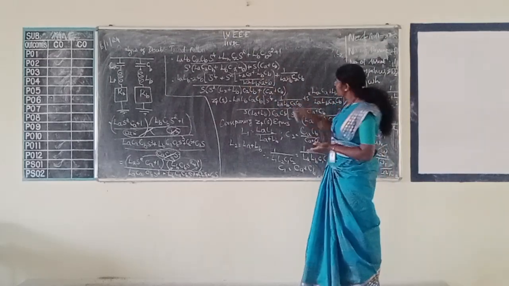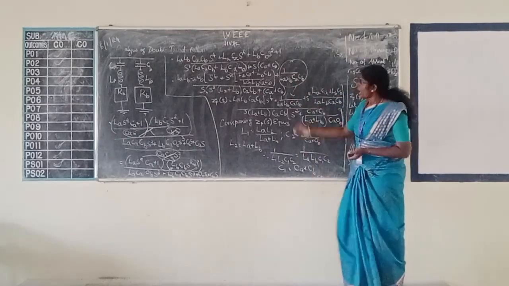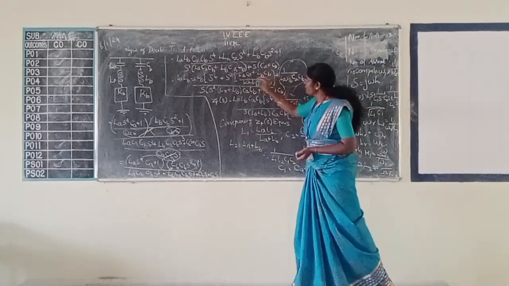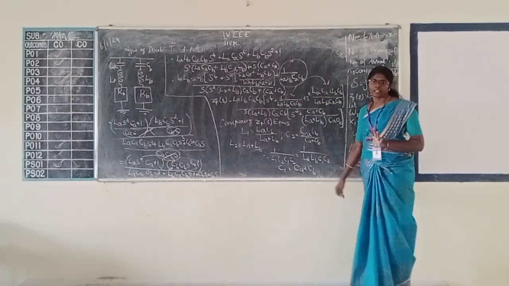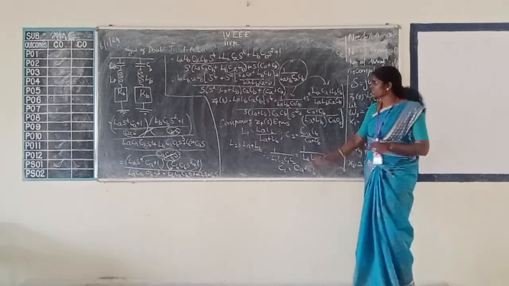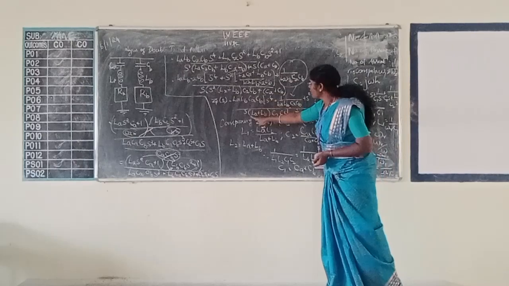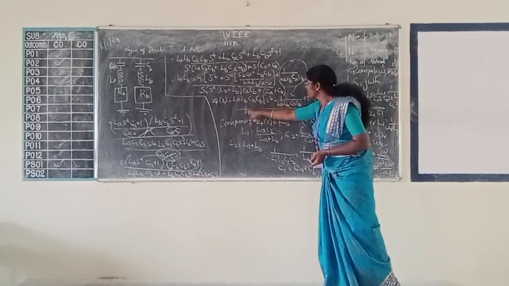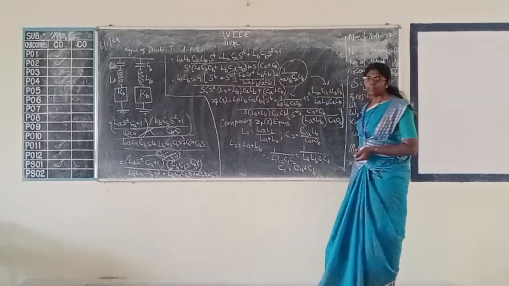I have taken this term first, and this S square into this term, this S square into LCA as second. That's it, I have just interchanged the second and the third term. And in the denominator, the first option remains the same, that's S into LA, LB into CA, CB.